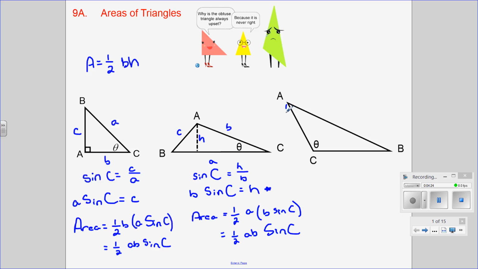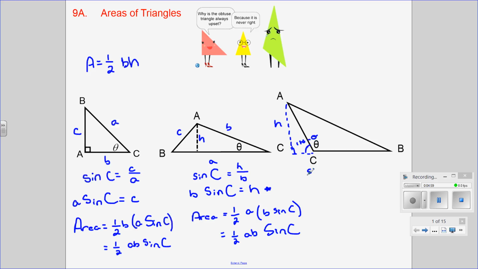Last case, if I look at my height, for this one it's going to be outside my triangle. For me to use sine, I need a right triangle. So I'm going to have to focus in on this little piece outside of my actual triangle that I want to find. To find the height, I'm going to need this angle right here. If I know that this interior angle is theta, then I can use 180 minus theta to represent this exterior angle.